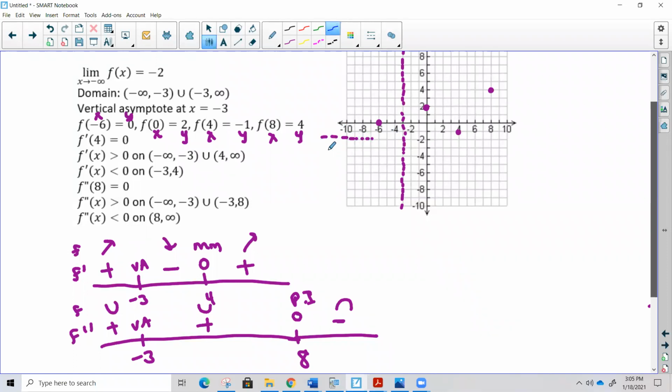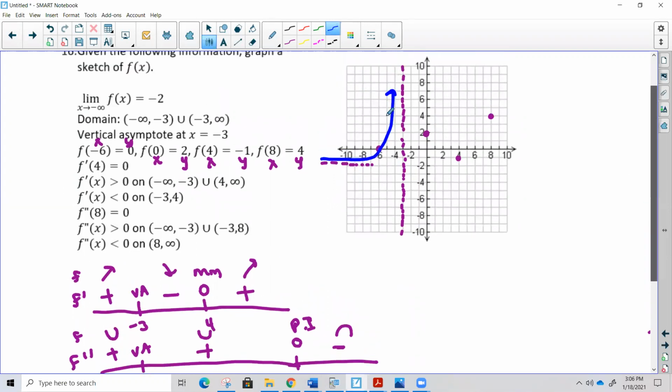It's going to trace it. So when I come from the left, I'm going to trace this function and go through -6, curved upward and increasing to match what this says, that it's increasing and concave up. And then you trace along a vertical asymptote.